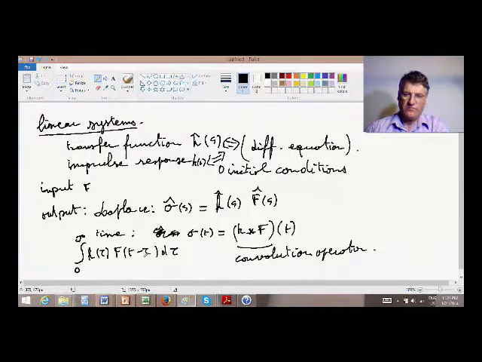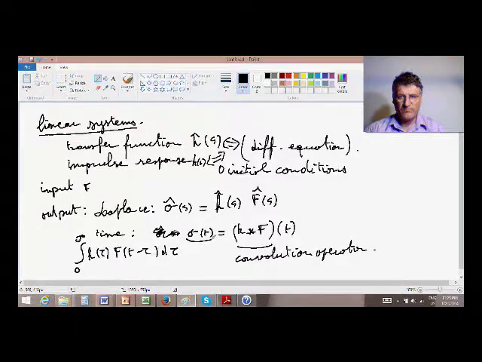Without much thinking, you can see that this costs a lot more than computing this, provided you have h of s and f of s.